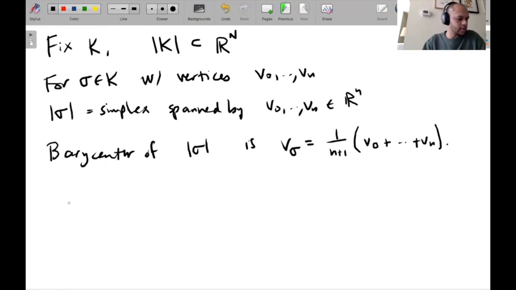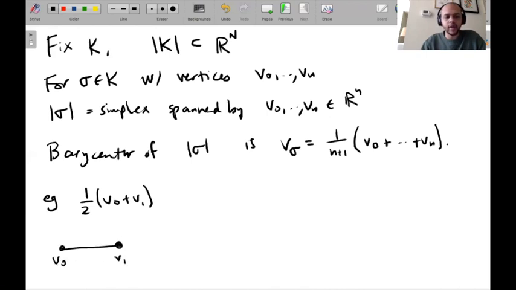So for example, if there's just two vertices, then this barycenter of V0 V1, you could write as an expression V0 plus 1/2 (V1 minus V0).